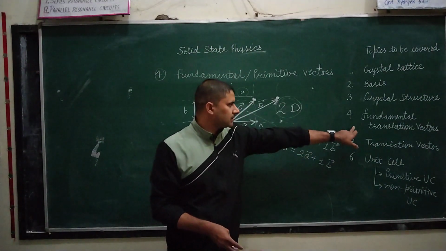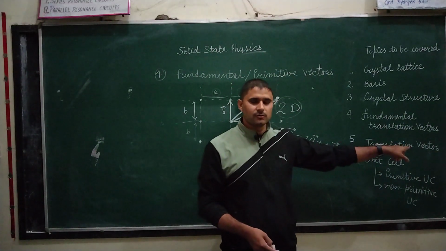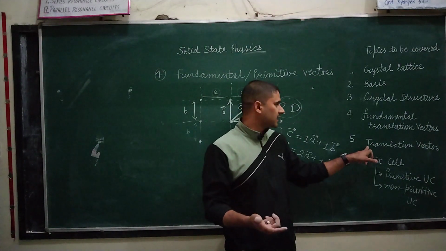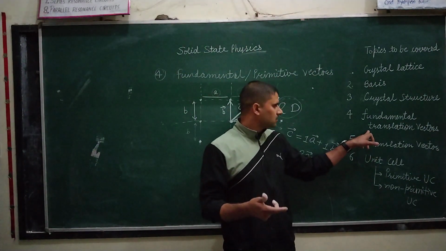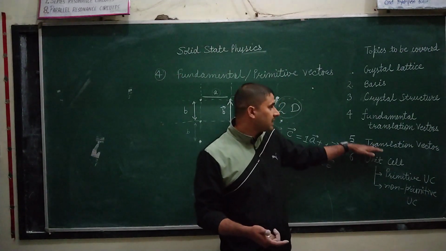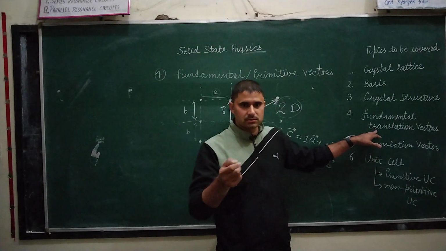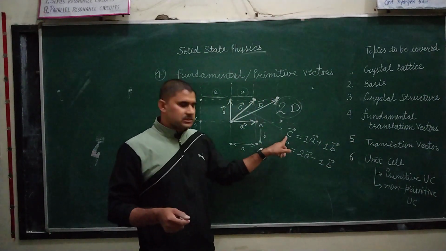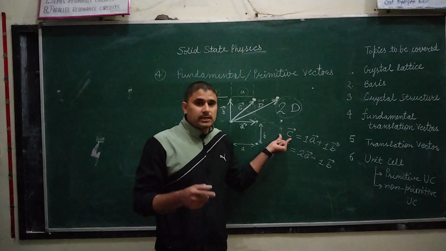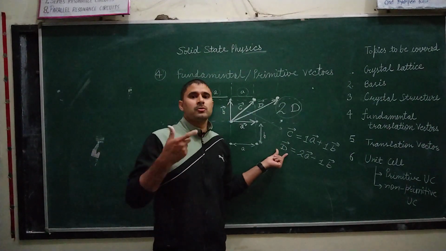Now come to the fifth point, that is translation vector. It is also a vector, but it is different from fundamental vectors because the translation vector is made up of the basic fundamental primitive vectors. See, vector C is a combination of vector A and B. So vector C is non-primitive, getting me? Vector D is non-primitive.